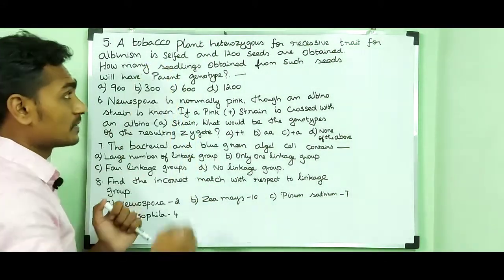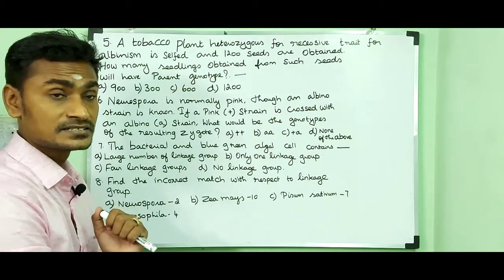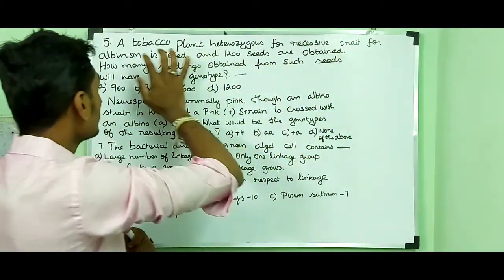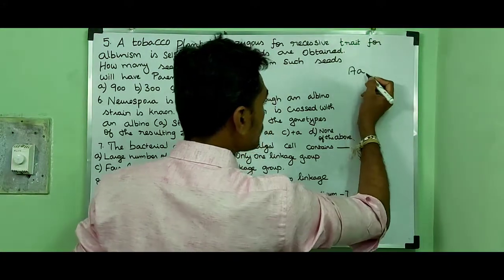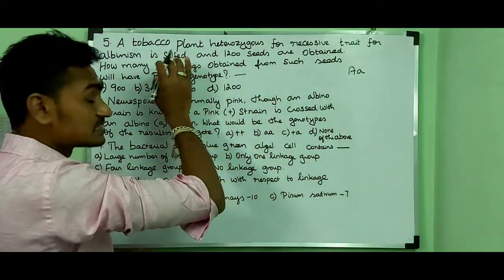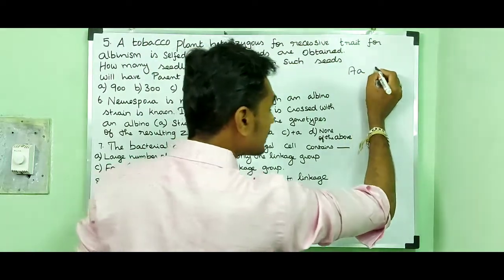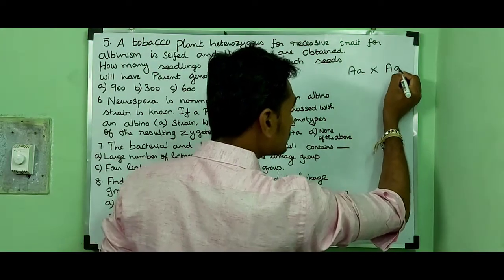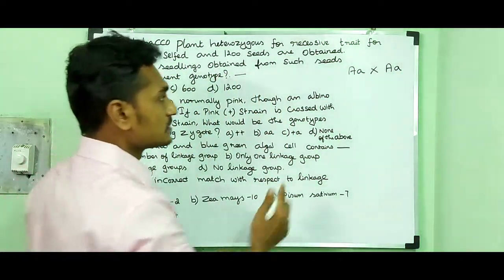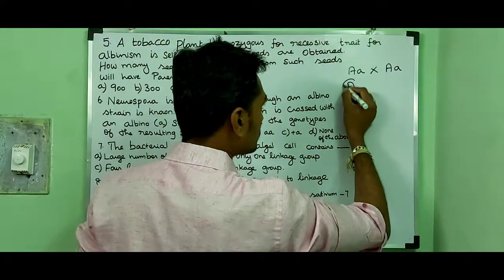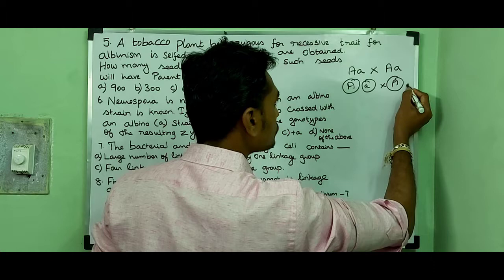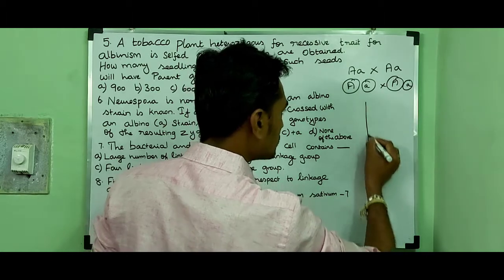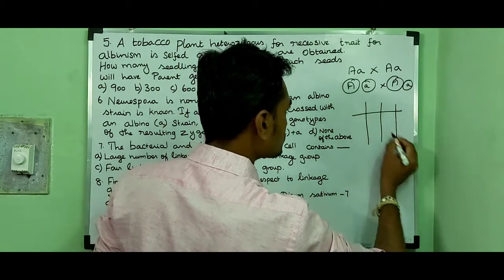So the tobacco plant is heterozygous, capital A, small a, and is selfed. Capital A, small a is crossed with capital A, small a, resulting in gametes capital A, small a. The gametes are plotted in the Punnett square.